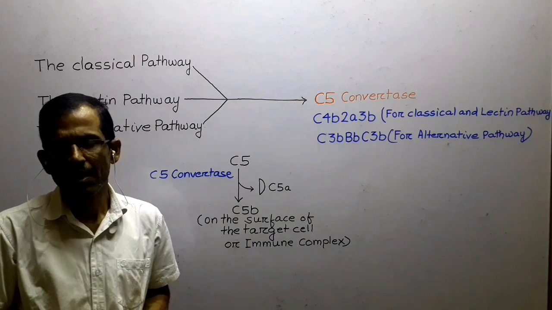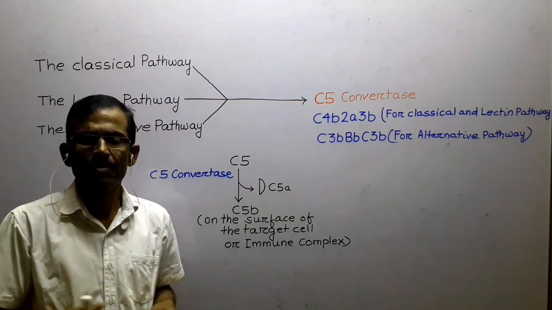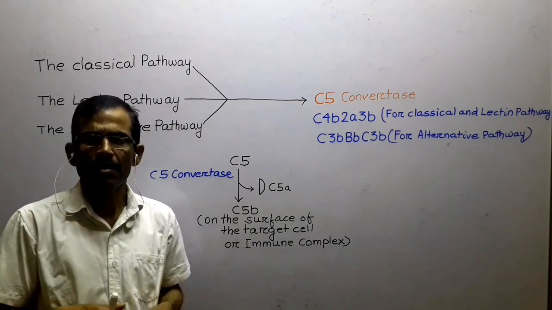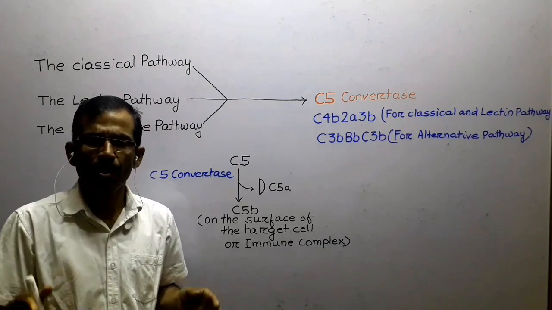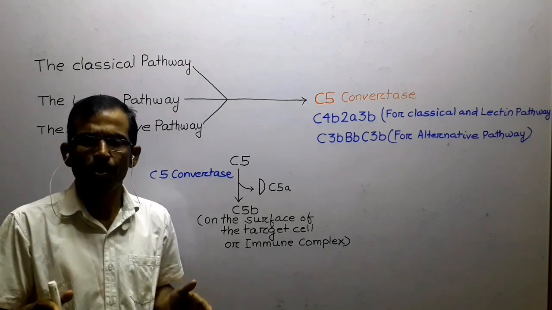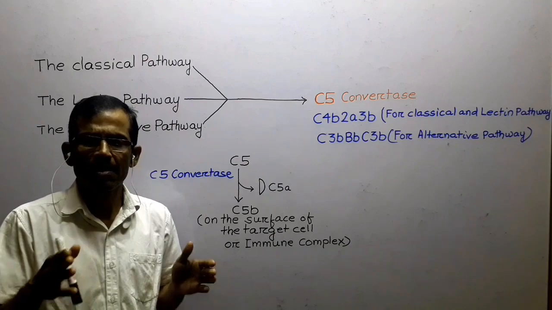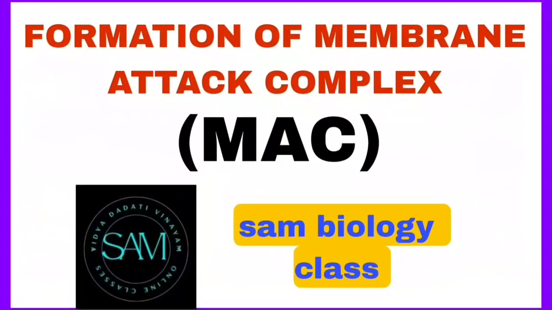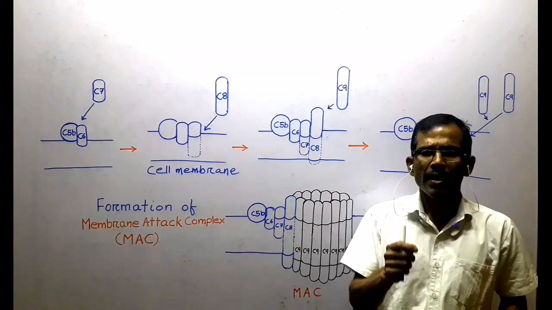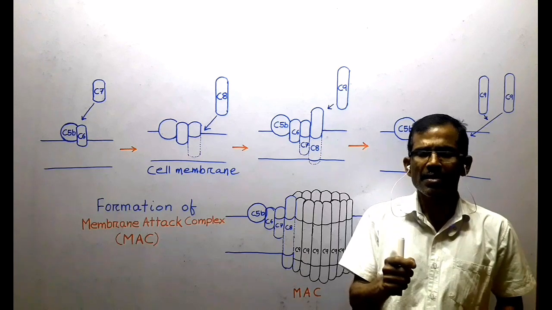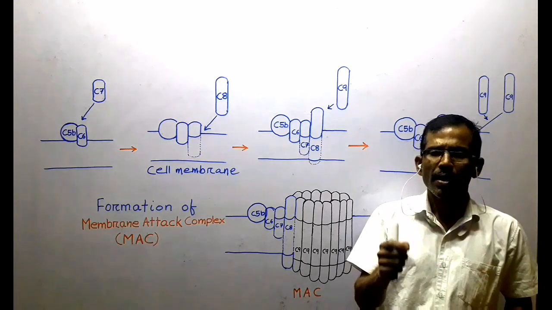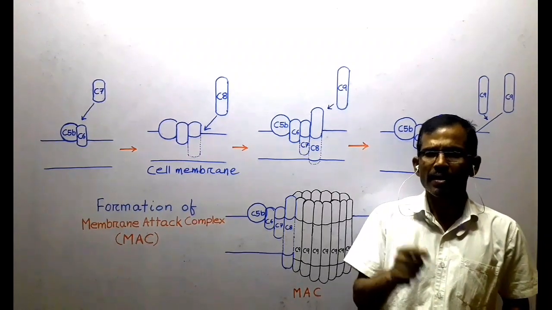Because of this, it is rapidly inactivated unless it is stabilized by binding of another complement component, that is C6. The next step in complement system is the generation of membrane attack complex.